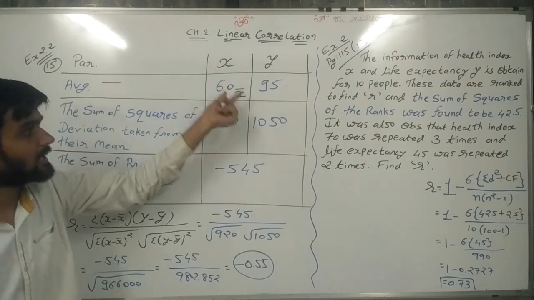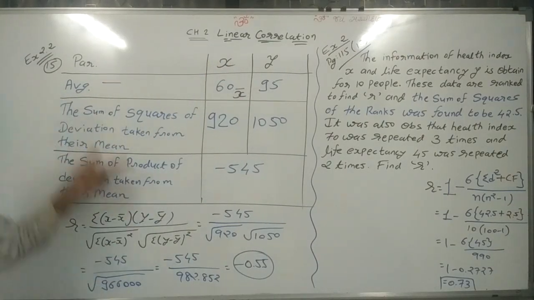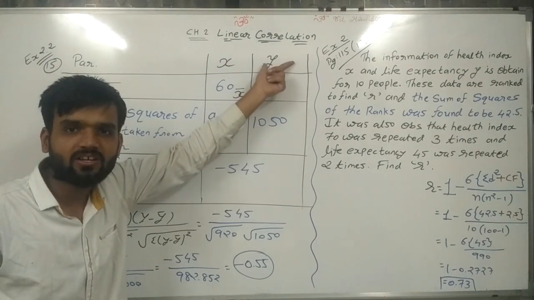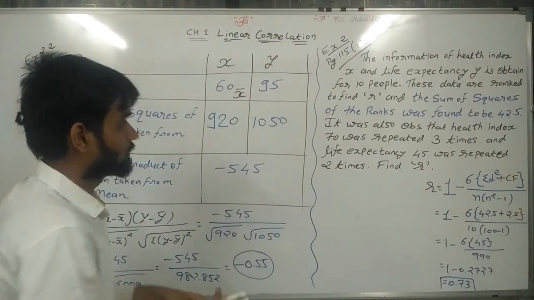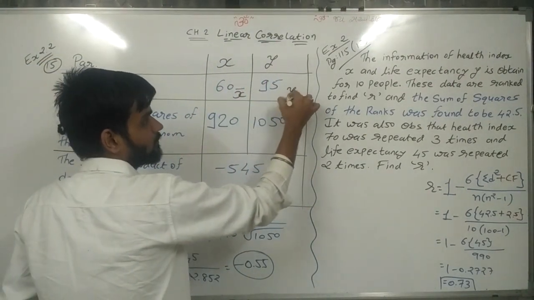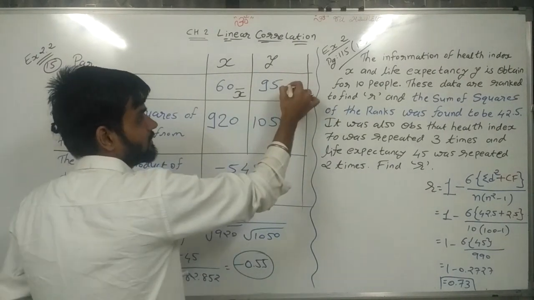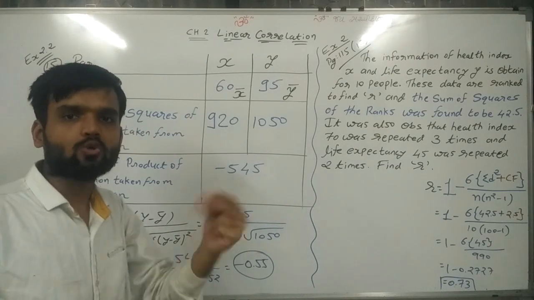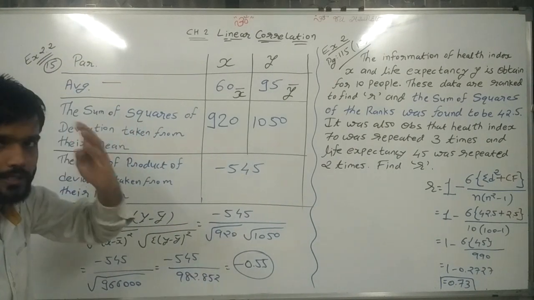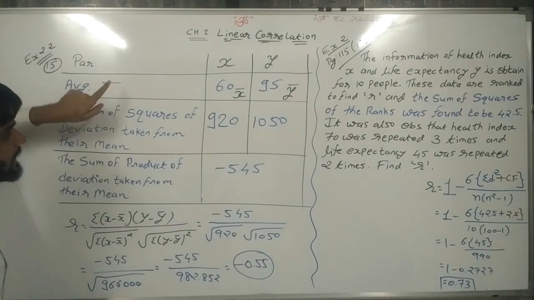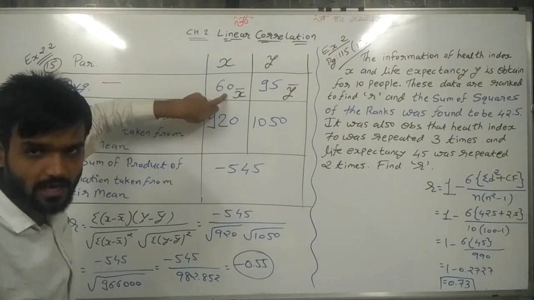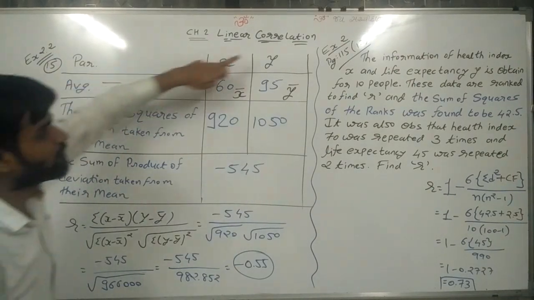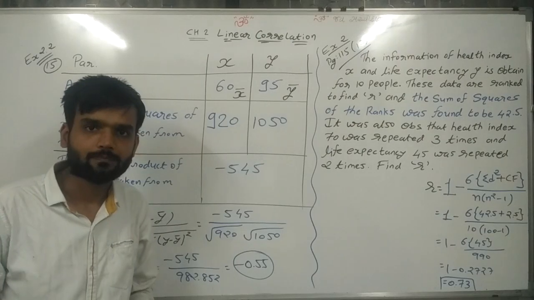Same way, average of y means y bar. So 95 is the value of y bar. Again I repeat: average means bar. Average of x means x bar. Average of y means y bar.